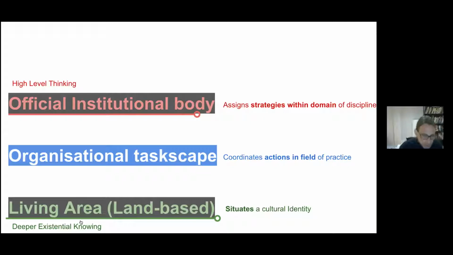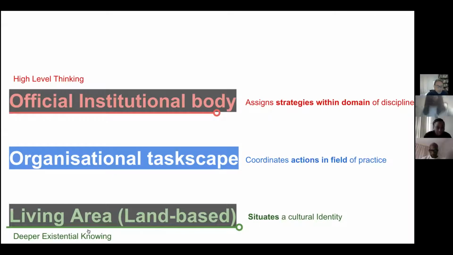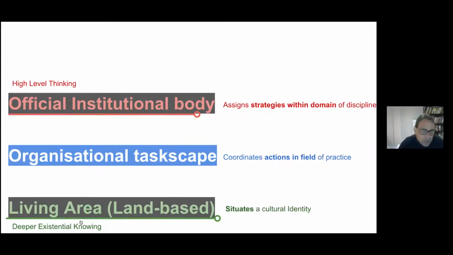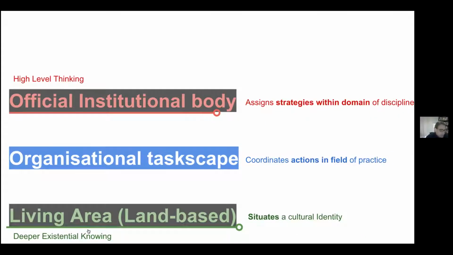And this is slightly to the side, but what this realized was that at the bottom there you can see the living area or the land that we're in. So we were really working in these communities over a long period of time. And then you've got this organizational taskscape, which is the organization you tend to connect to. It can be in Canada, it could be a safe house, a multicultural center, an educational trust, an HIV clinic, all sorts of things.